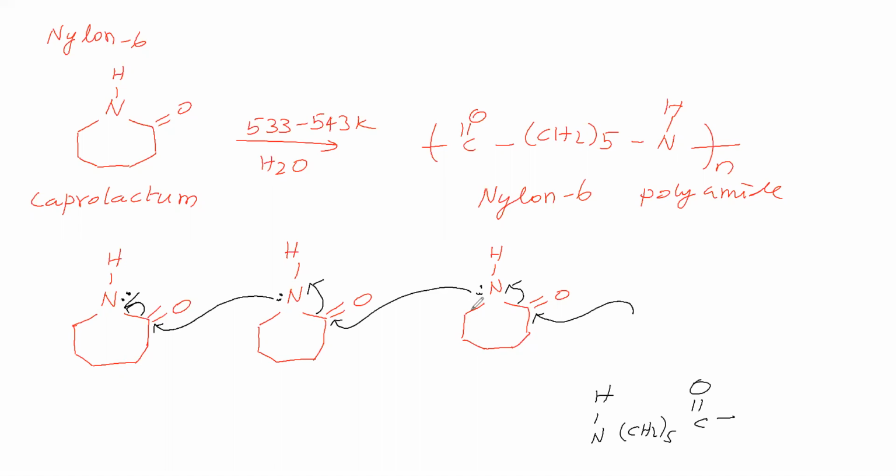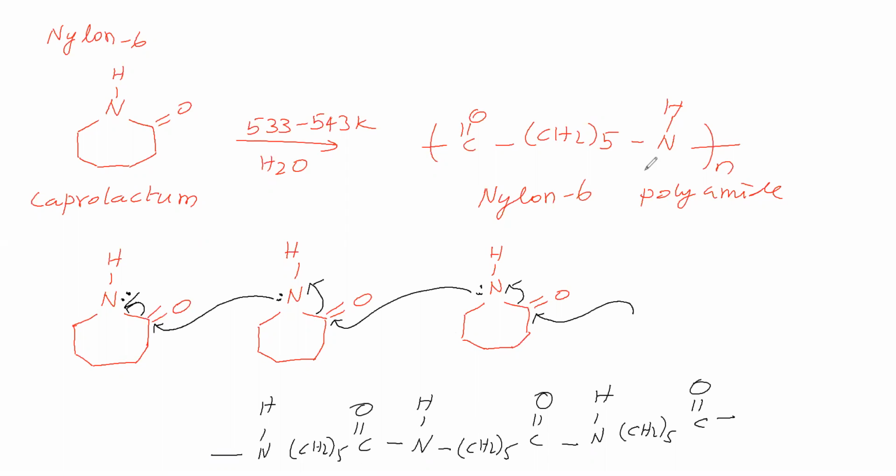That N makes a bond with the next CO, then (CH2)5, then NH. Then here CO, (CH2)5, and NH. Then this bond cleaves, bonding with the neighboring CO. Like this it continues.